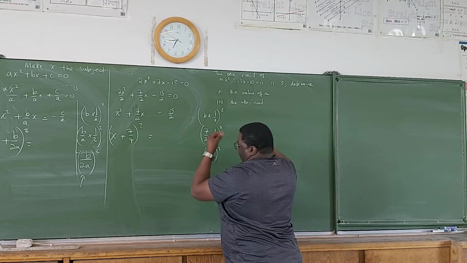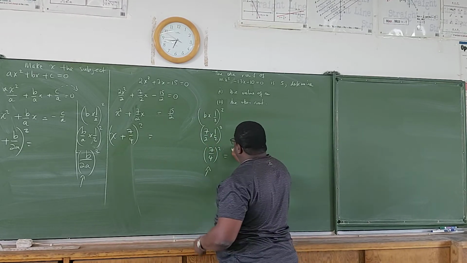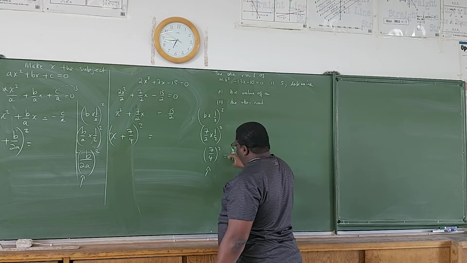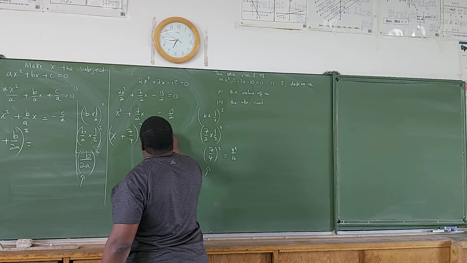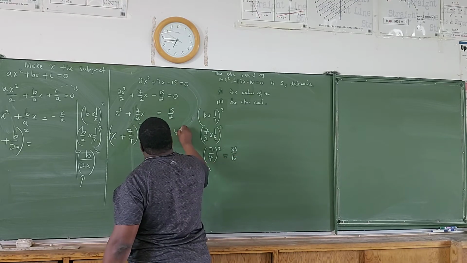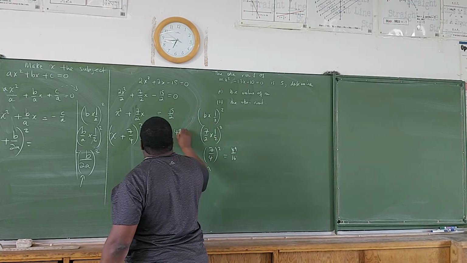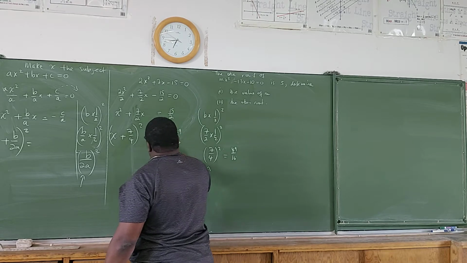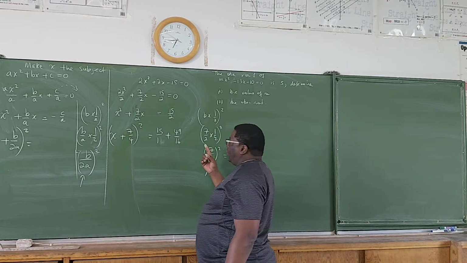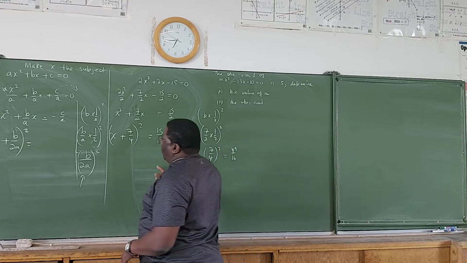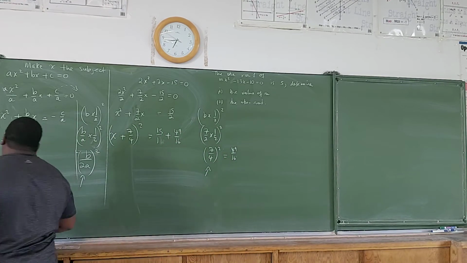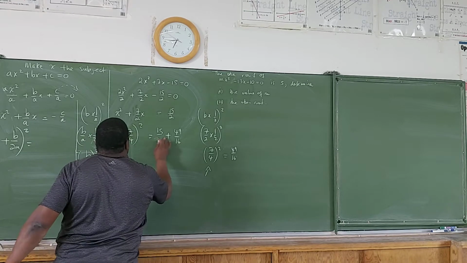Whatever you square becomes positive. Hence, you add this number to the number that you have on this side. This 14 over 16 comes in when you multiply out the binomial. So I'm going to add the same, 15 upon 2.